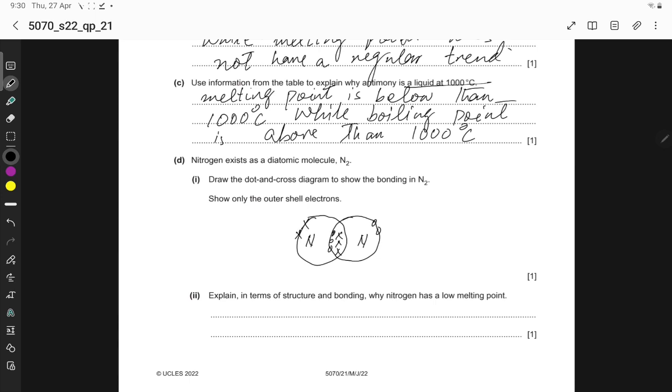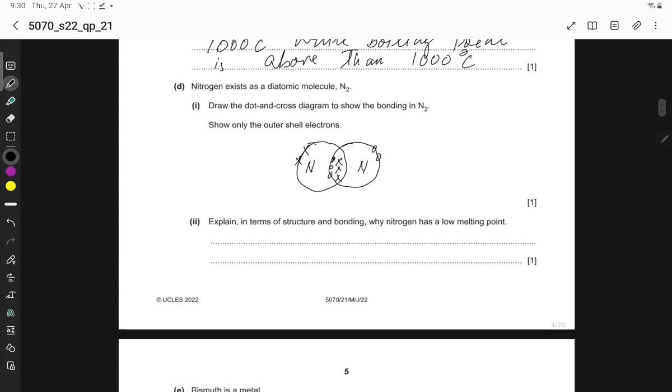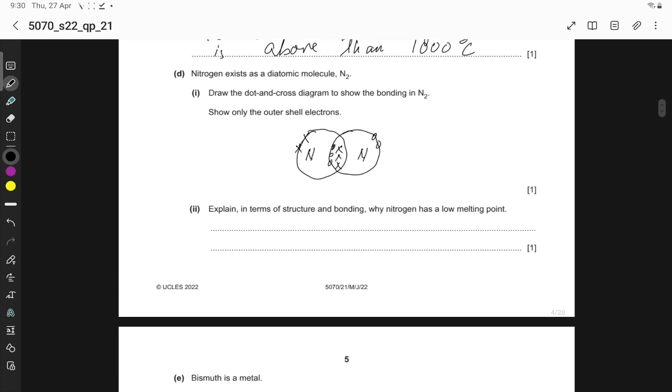Explain in terms of structure and bonding why nitrogen has a low melting point. Nitrogen is a simple molecule.